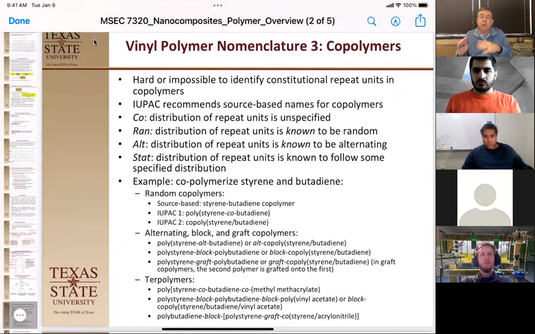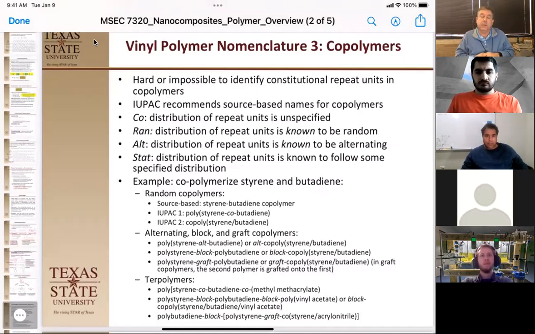If we don't know the exact distribution of the 2 different monomers or 3 different monomers we have in there, we just call it a copolymer. The reason we call it a copolymer is we know the feedstocks were in there, we just don't know where they exactly are, if they're alternating or random or statistically distributed. We don't know. So we just call it co.